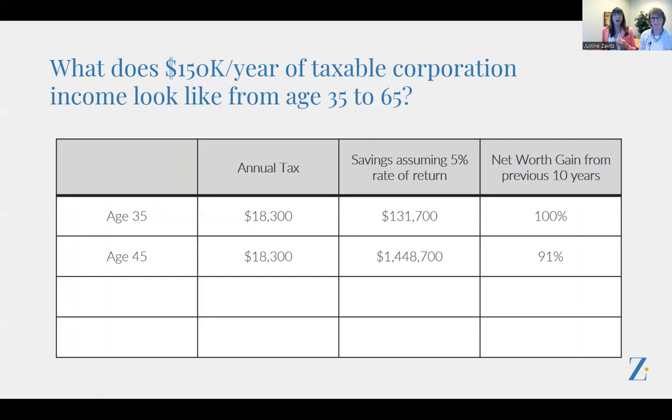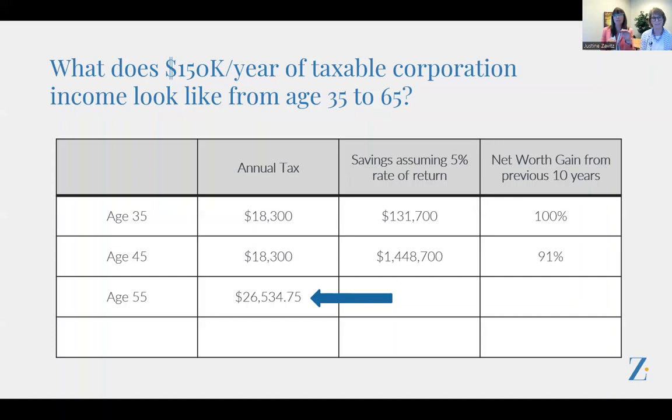Let's fast forward now another 10 years. So now this person is age 55. And over that time, their passive income has started to exceed 50,000, to the extent that the small business deduction that their corporation will experience is now less than 150,000, which is the amount that the corporation is being taxed on. So as of age 54, the passive income is great enough that the small business deduction is being reduced.